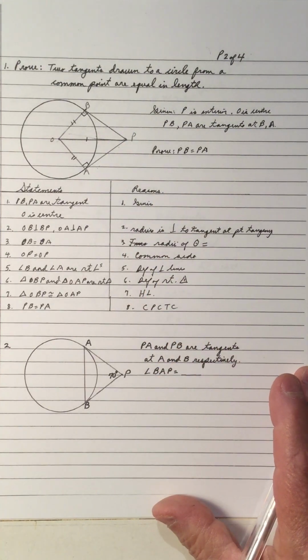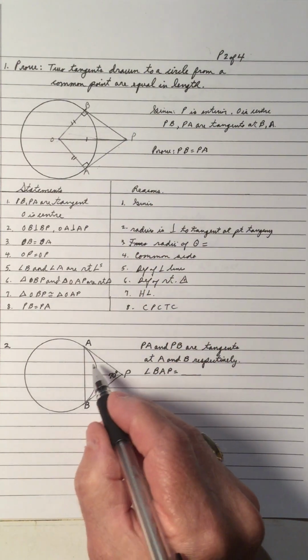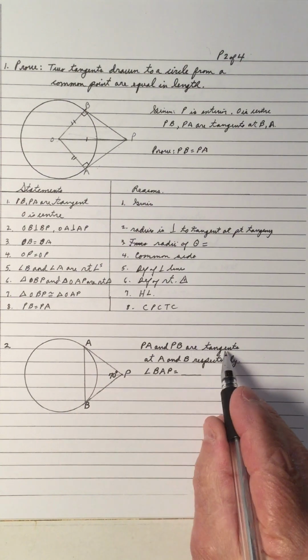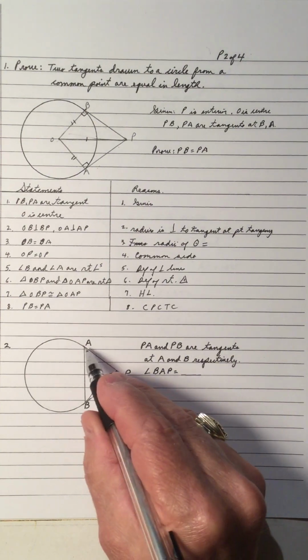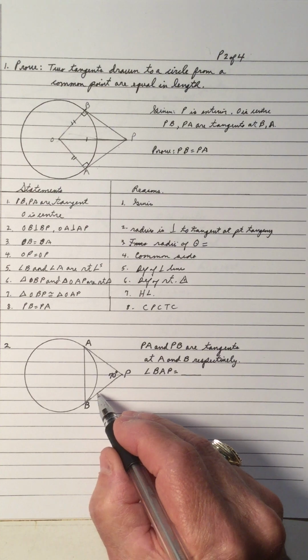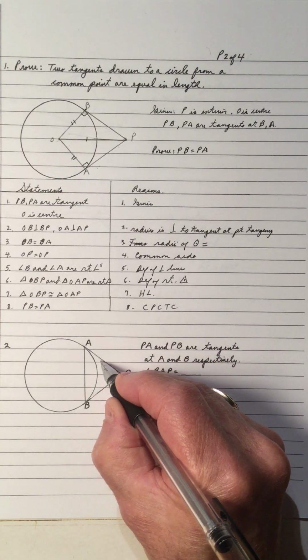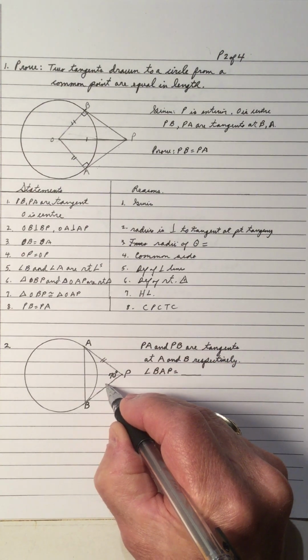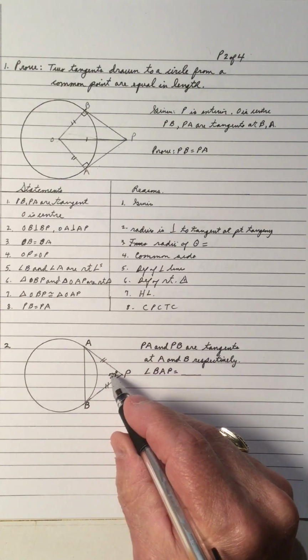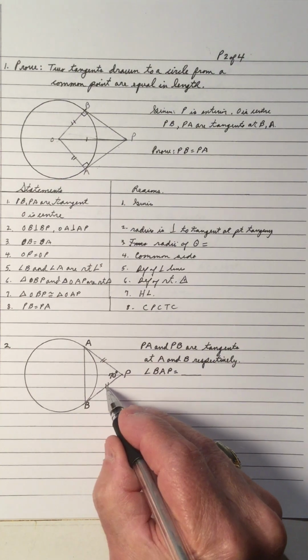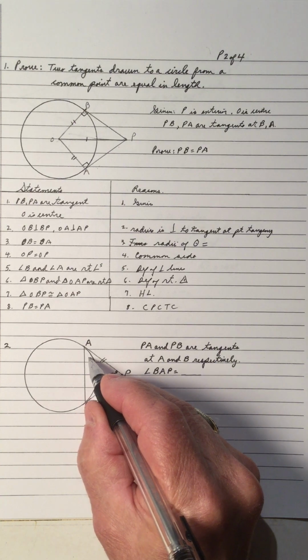So let's go and use that property. Right here, PA and PB are tangent at A and B. Because they're tangents, that means that AP is equal to BP. And because these two sides are equal, that means these two angles are equal.